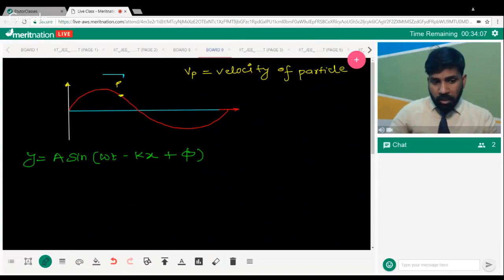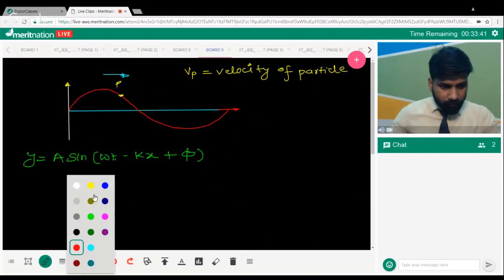If wave is traveling in this direction, after t time, this will be the position of the wave. Let me draw it with a different color here.